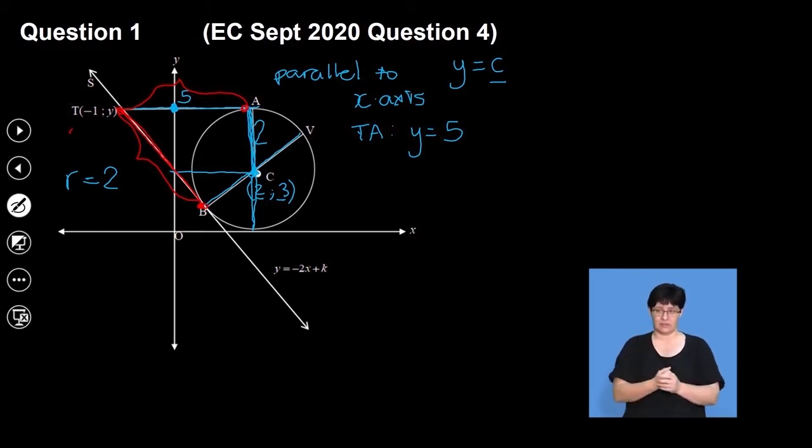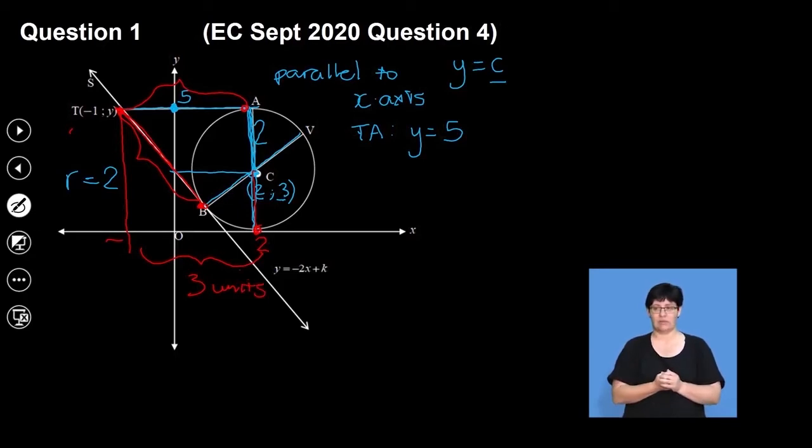So, can we calculate the length of this line over here? We know that the x-coordinate of this point is -1, and the x-coordinate of this point is 2. So the distance between those two points, -1 to 2, gives 3 units.